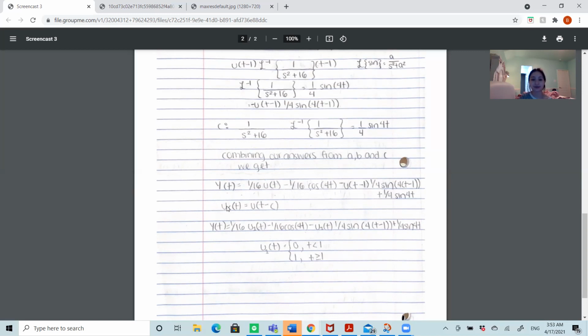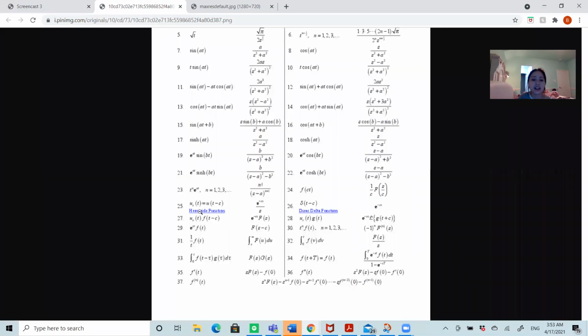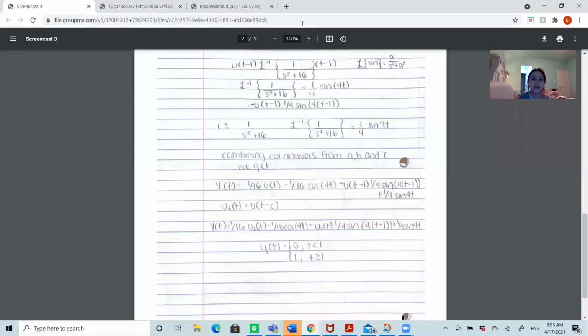So we know that the step function u c of t is equal to u of t minus c. It is written right here in the table of formulas that I'm using. So these two are equal. So I just rewrote these as u 1 of t, and then also here u 1 of t.